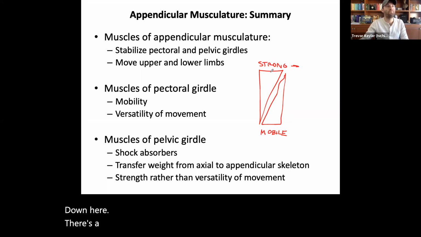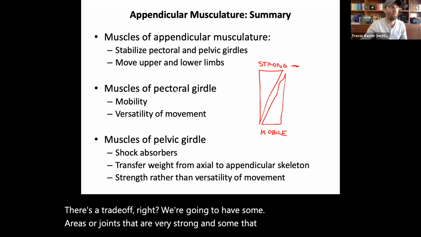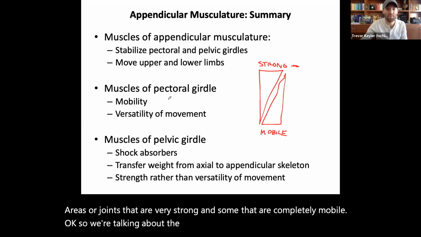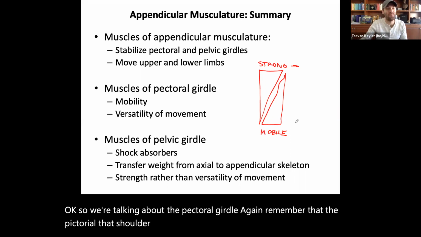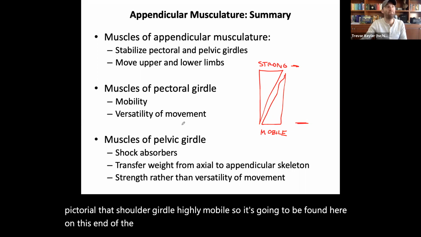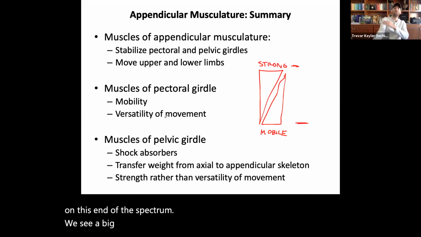We're going to have some areas or joints that are very strong and some that are completely mobile. So if we're talking about the pectoral girdle again, remember that the shoulder girdle is highly mobile. So it's going to be found here on this end of the spectrum. Okay, so we see a big versatility of movement. You can easily swing your arm all around.